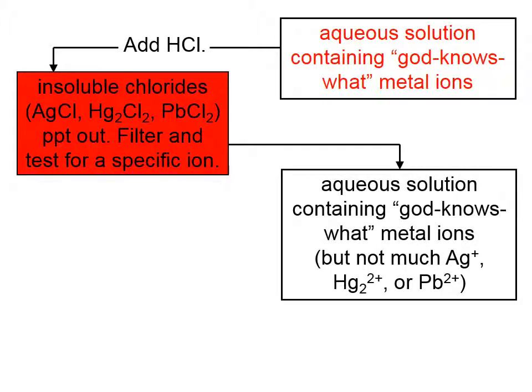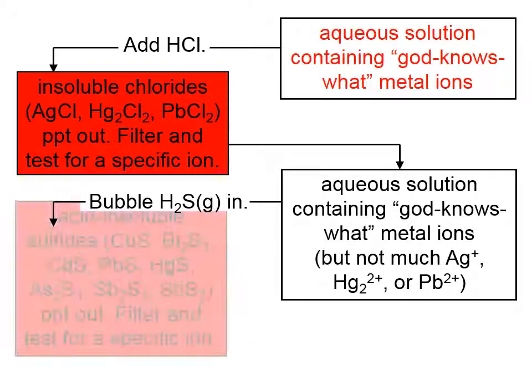Now we have an aqueous solution containing God knows what metal ions, but not much silver ion or mercury 1 ion or lead 2 ion, because that stuff got filtered out. Our next step would be to perhaps bubble in some H2S gas.